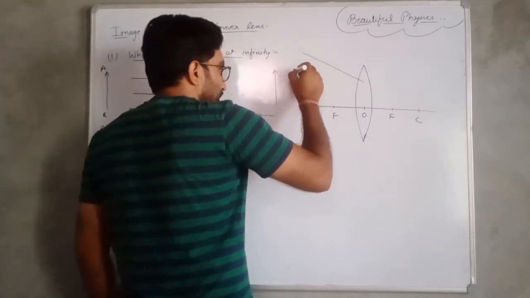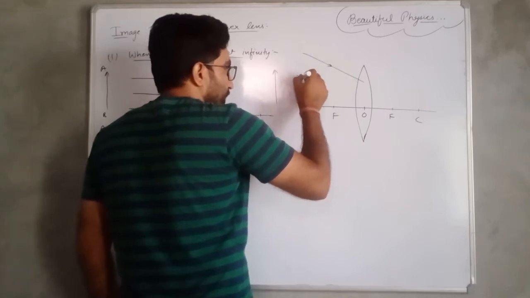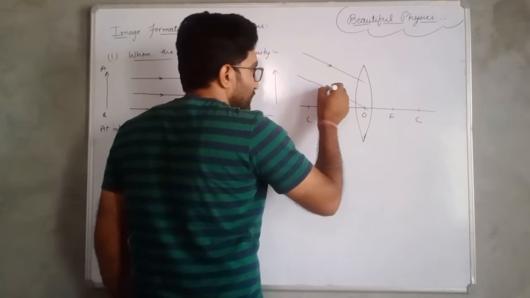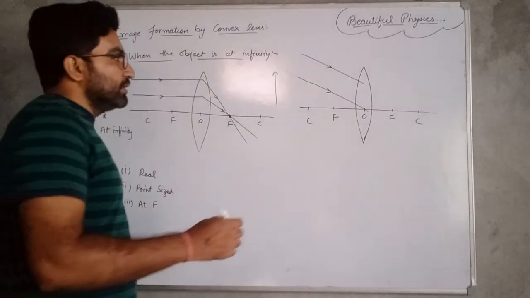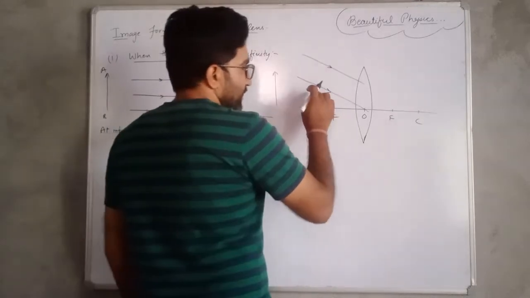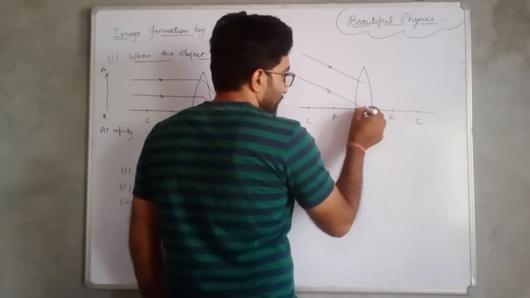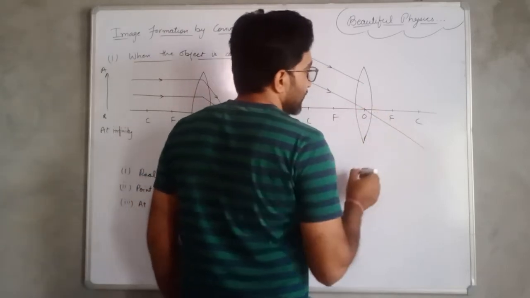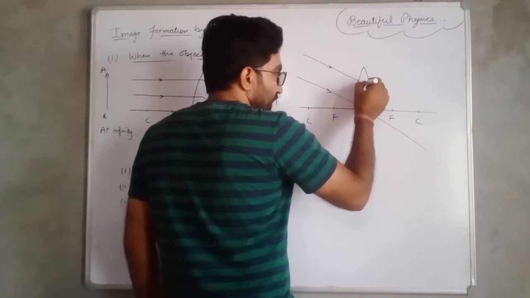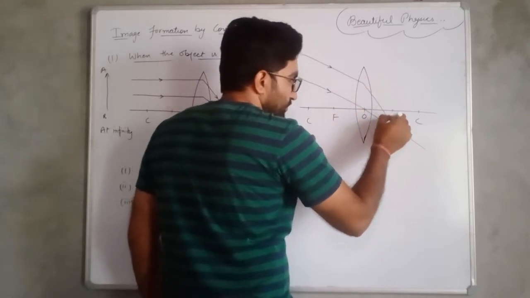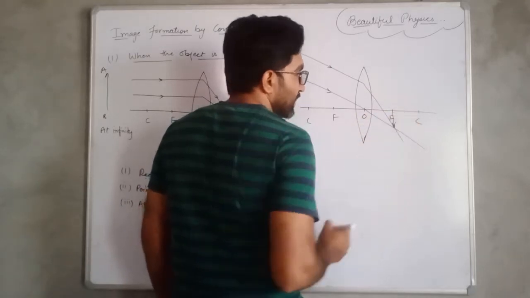The first ray is here, and the second ray is passing through the optical center. You know that the rays passing through the optical center pass along the same path without any deviation, and this ray of light converges a little bit and goes through this path, and our image is formed at F.